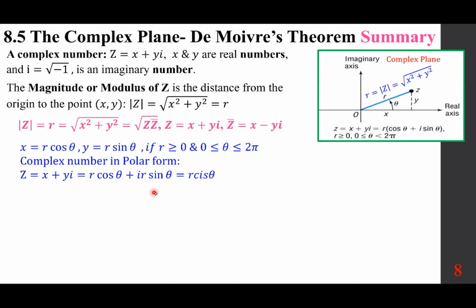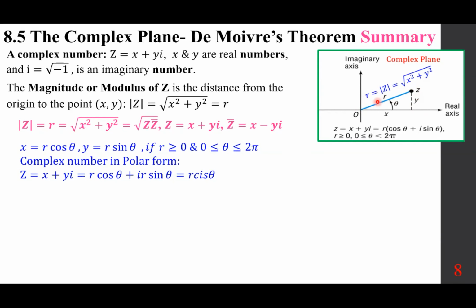So let's take a look at the graph. We have a rectangular grid, and this x-axis is also the polar axis. A point with coordinates x, y is represented with r, theta.